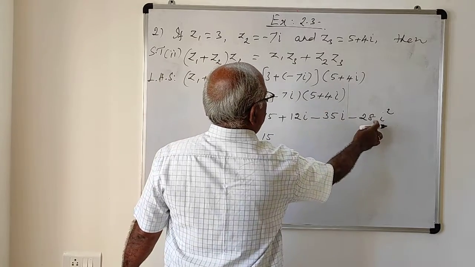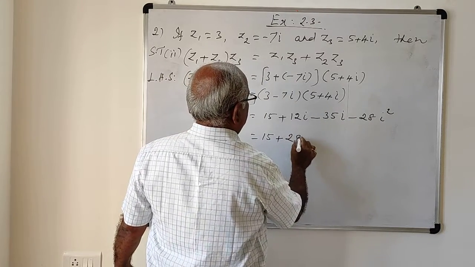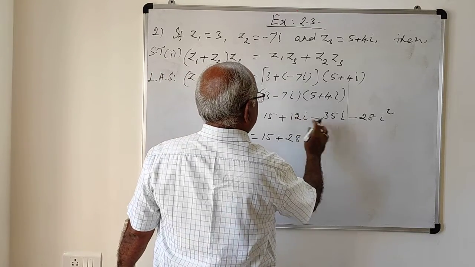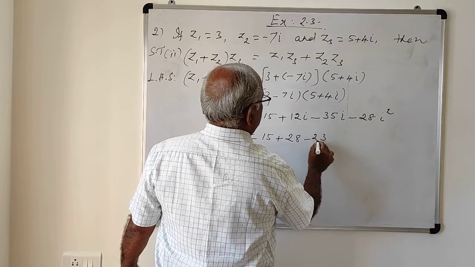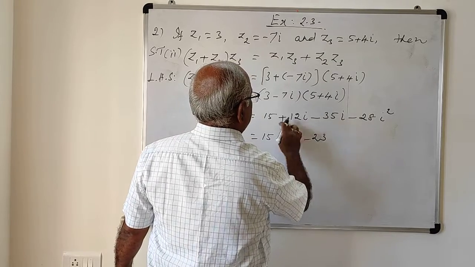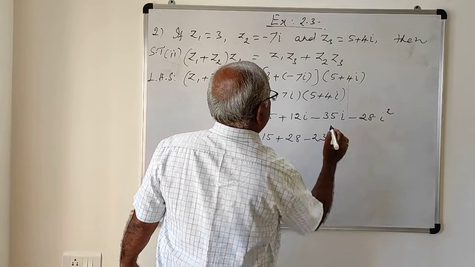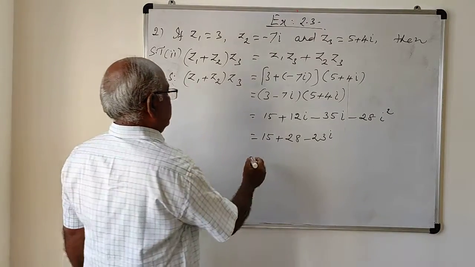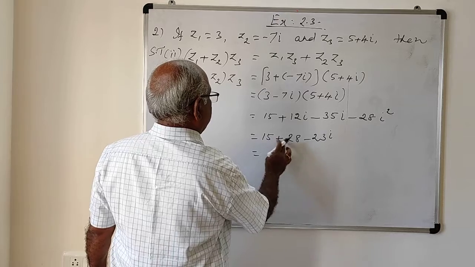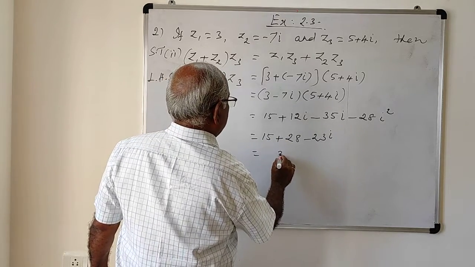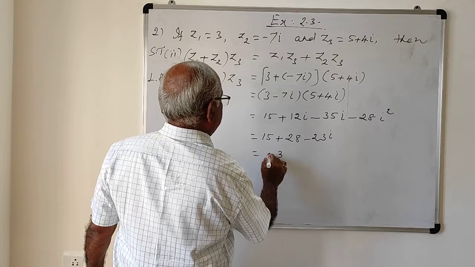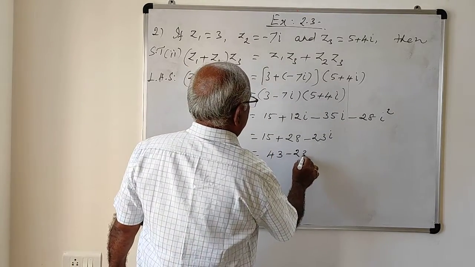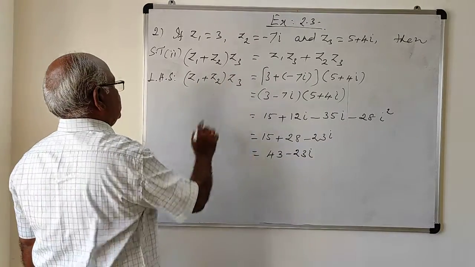I square is minus 1, so it becomes plus 28. Here minus 35i plus 12i gives minus 23i, and 28 plus 15 is 43. So 43 minus 23i is the left hand side.